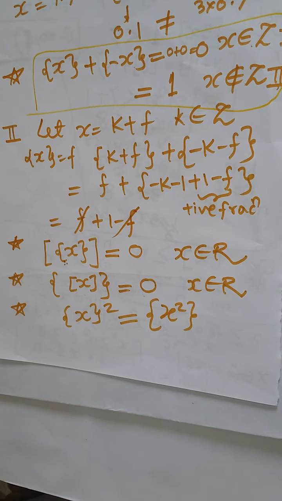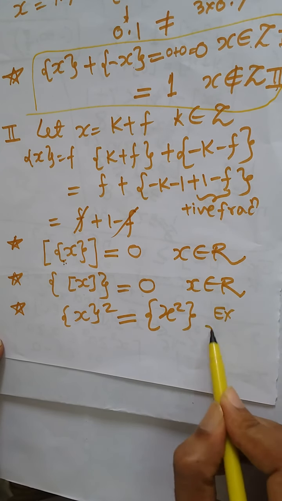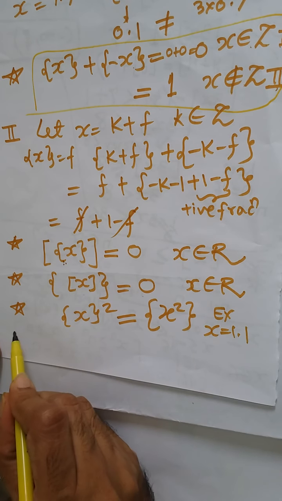Now what about fractional x whole square and fractional of x square? Are they equal? Always? What do you say? So let's take an example, x equal to 1.1.